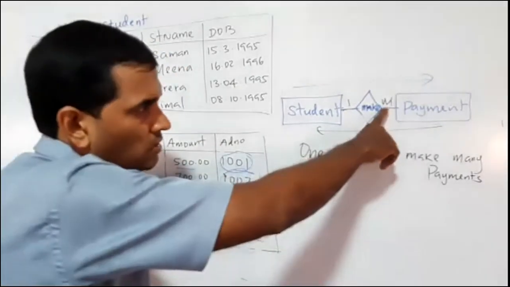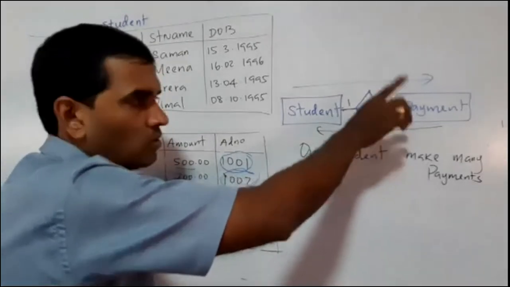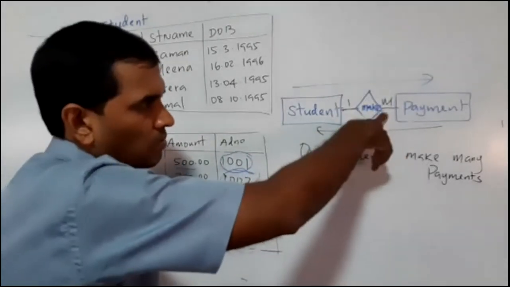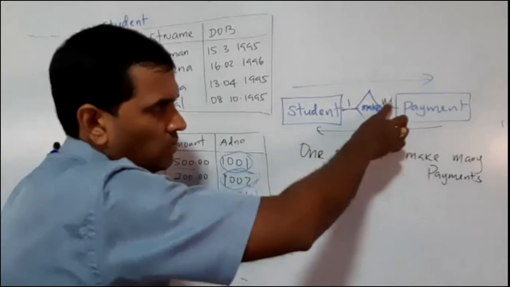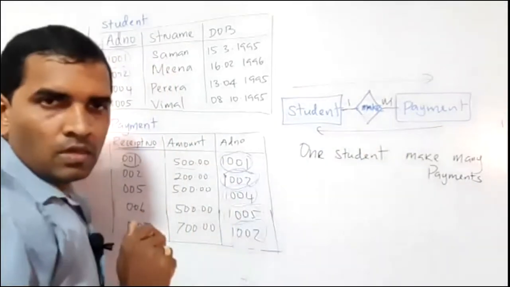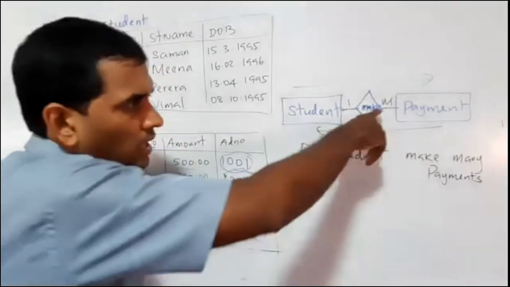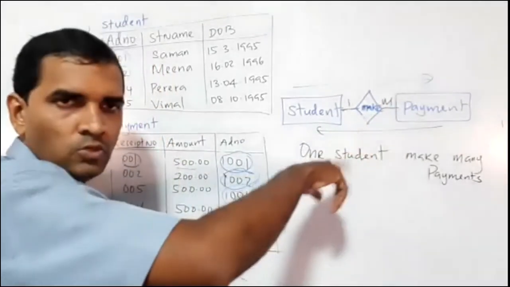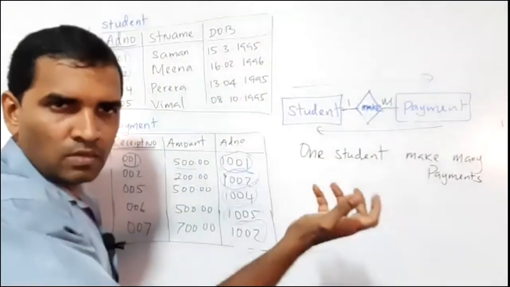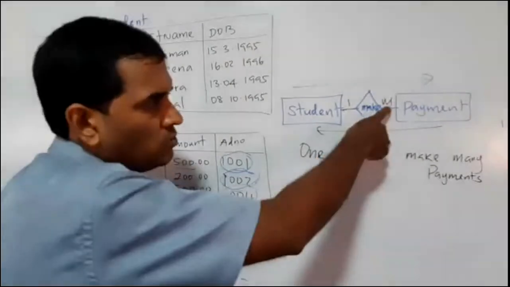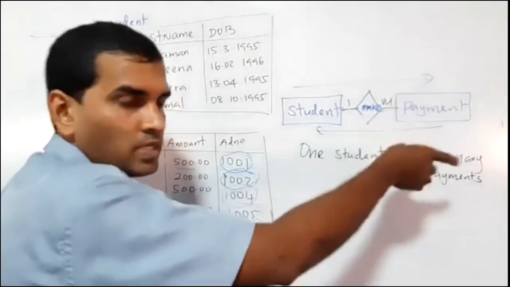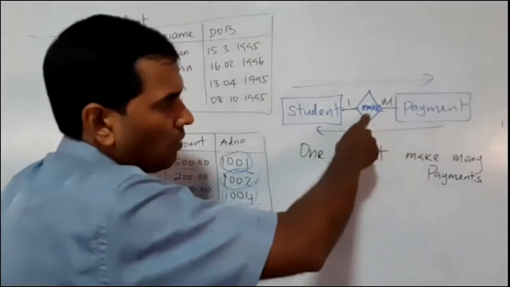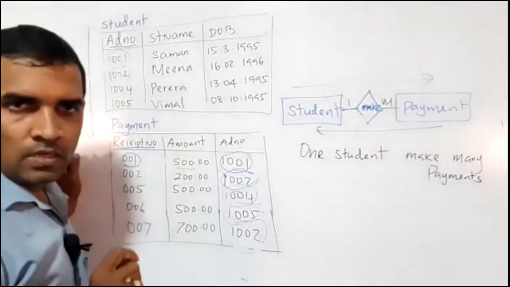Listen to me. There is an M because one student can make many payments. That's why I put M. So when M is there, you may have a confusion, and you use that M to make the sentence: many payments are made by one student.